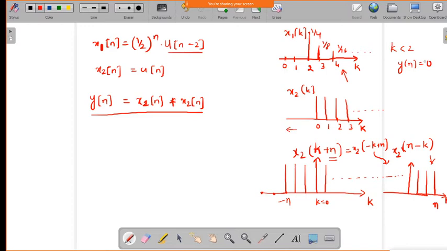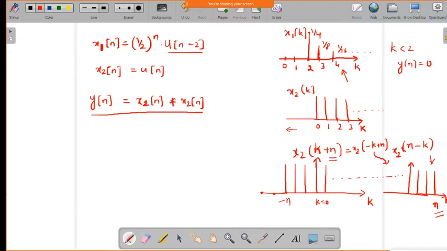Now from 2, where is the last value of x2 of k? It has infinite values, but x2 of n minus k only has values till n. So the convolution exists from 2 to n.